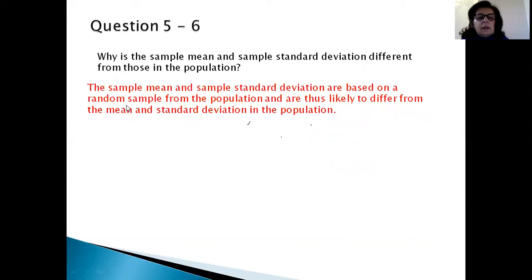Because our sample mean and sample standard deviation are based on the sample we took from the population. It is a subset of the population. It doesn't include the whole data in the population. It is expected that the statistics of our samples are going to be different than those of the population.